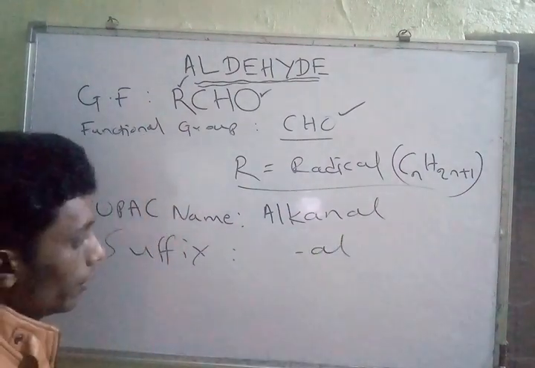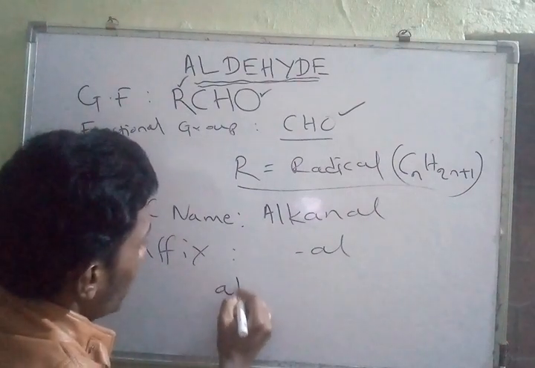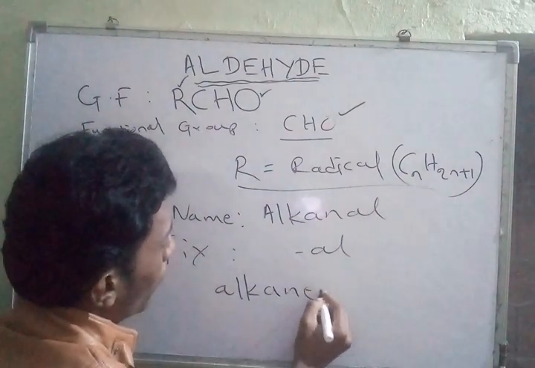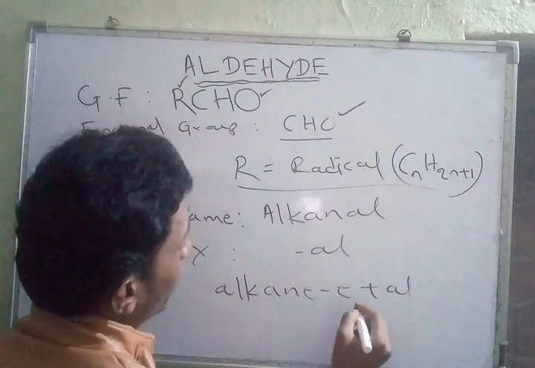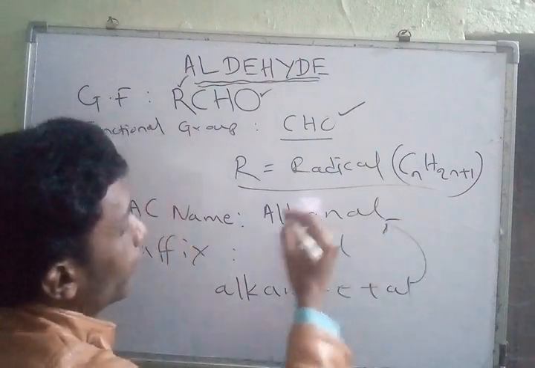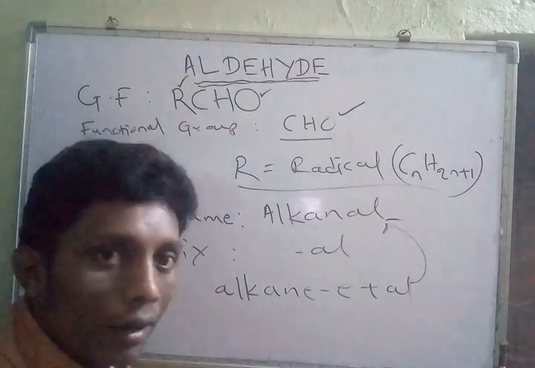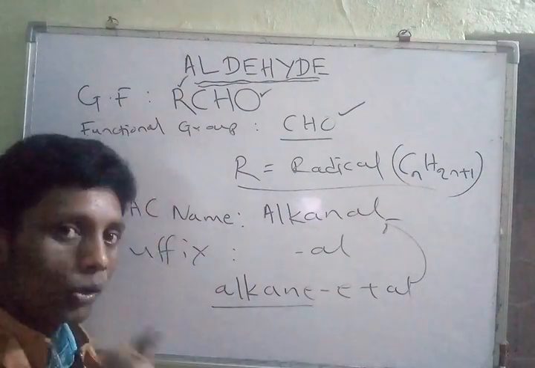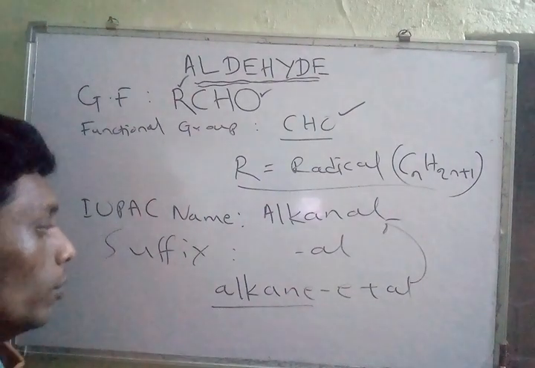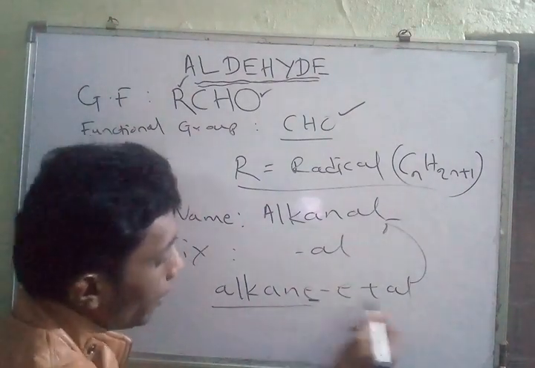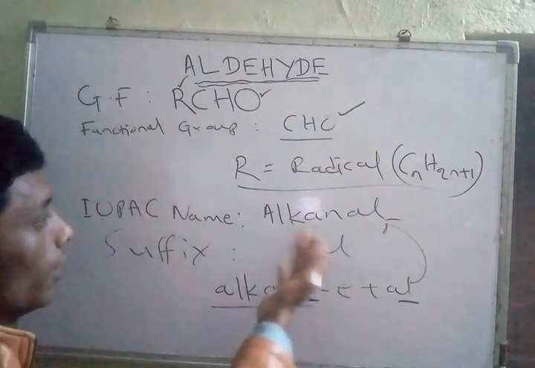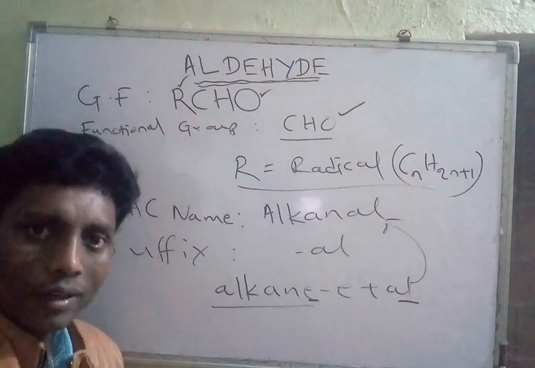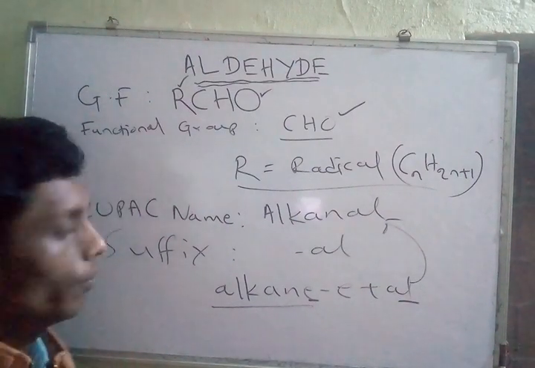Alkane minus e plus al is equal to alkanal. That is, while naming, you have to use alkane as the root name, remove the e and add al. That is alkanal. We can take various examples here.